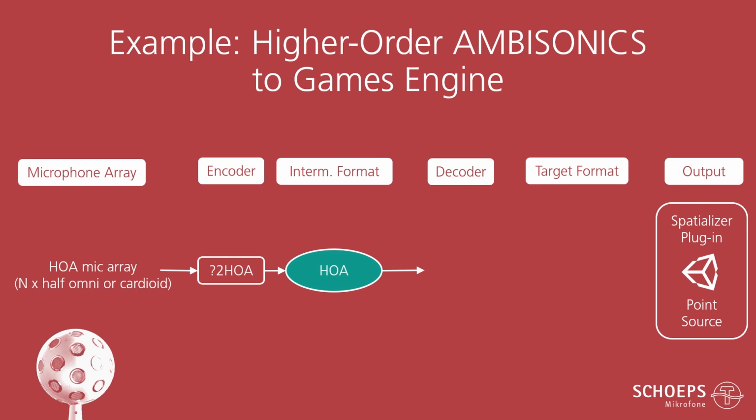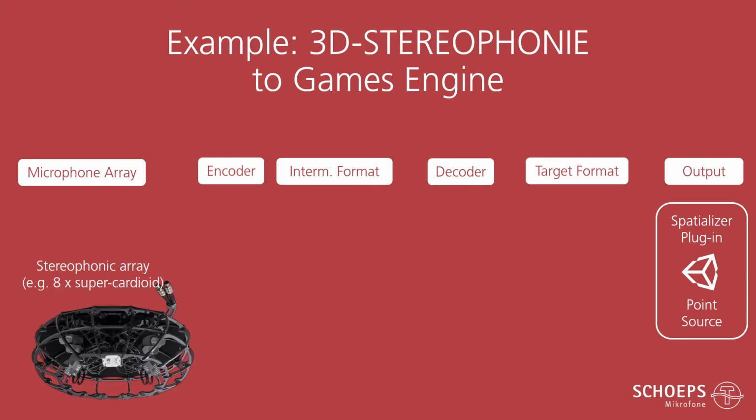Depends on what you're doing. And then with the decoder, you can also put it into the target format, which will be again the virtual speakers, and then individually take those signals to the Spatializer and get a binaural signal. So in VR you can also have a stereophonic array. I will talk about this later more.